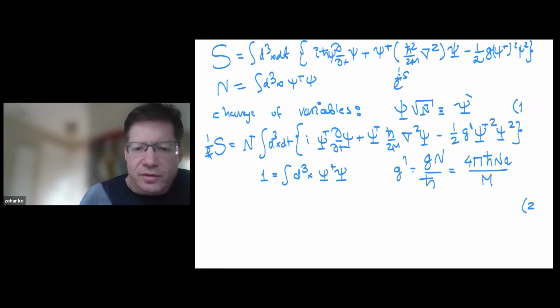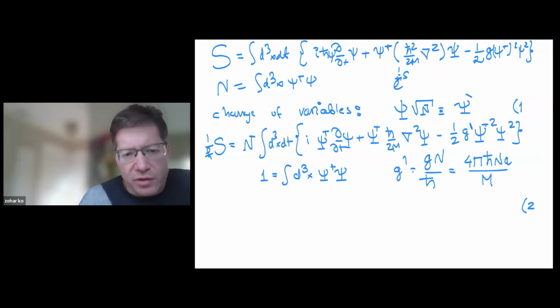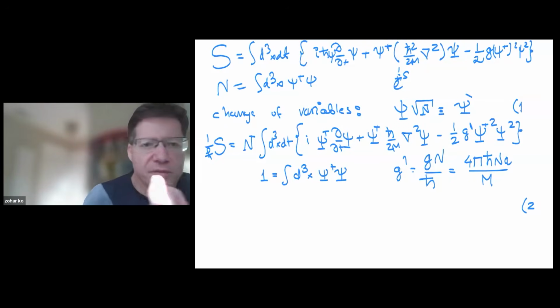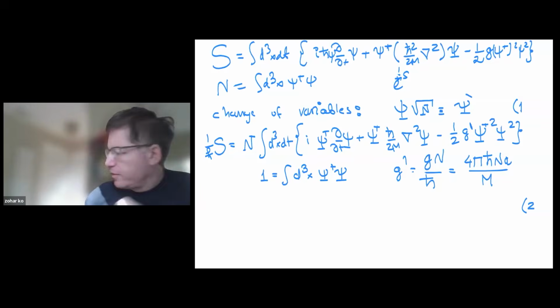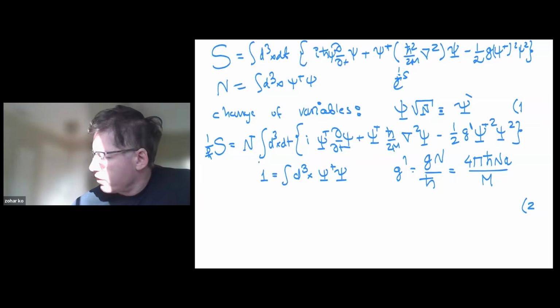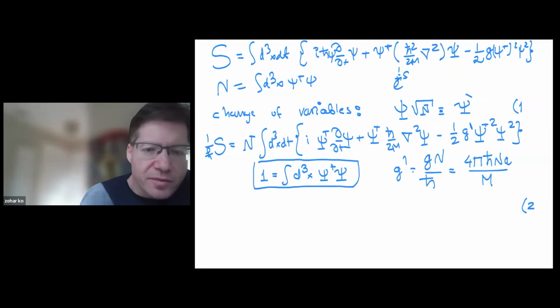Okay, so in step number 2, we make one more little observation, which is about the size of the bucket. The condition that the wave function is normalized to 1 is nicer than before, maybe because it doesn't have an explicit factor of n, but it's slightly inconvenient because we still have the volume of the space.